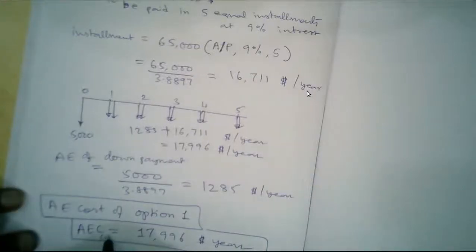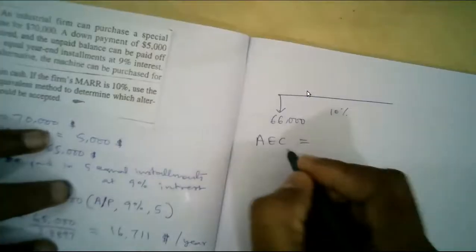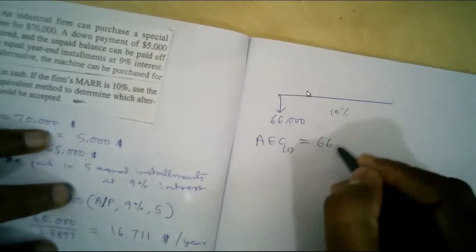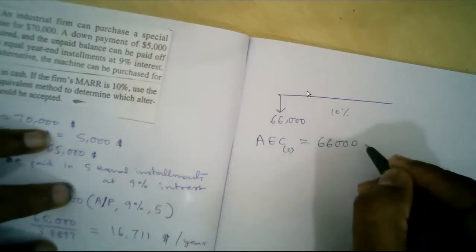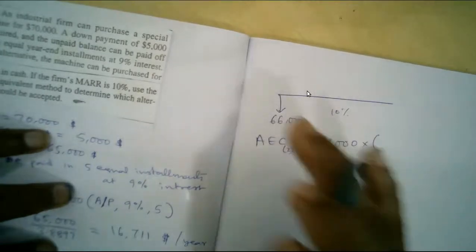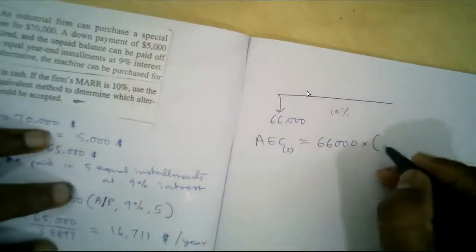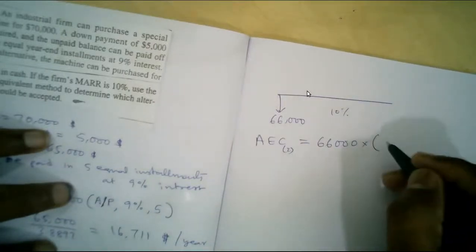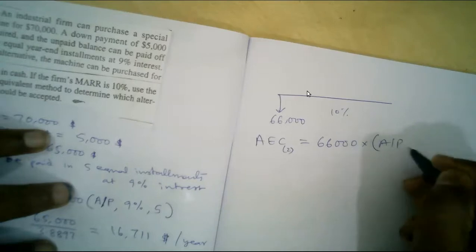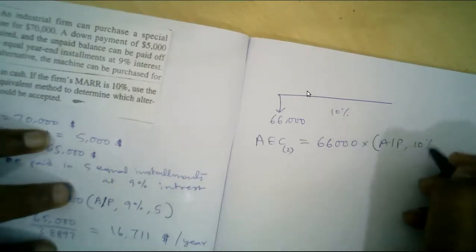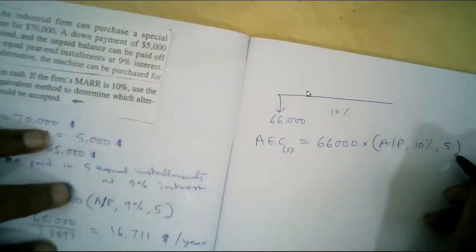I want to write it as equivalent payments over 5 years, so that will be A by P, 10% for 5 years.